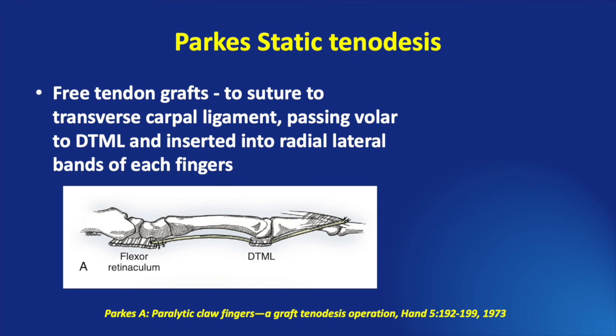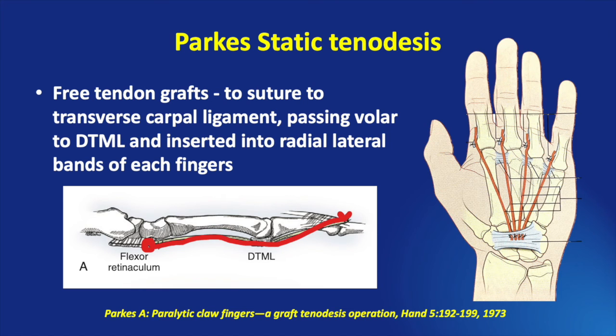In the Park stenodesis, free tendon grafts, either the palmaris longus or plantaris, are sutured to the transverse carpal ligament or the flexor retinaculum, then passed volar to the deep transverse metacarpal ligament and inserted into the radial lateral bands of the 4 fingers.